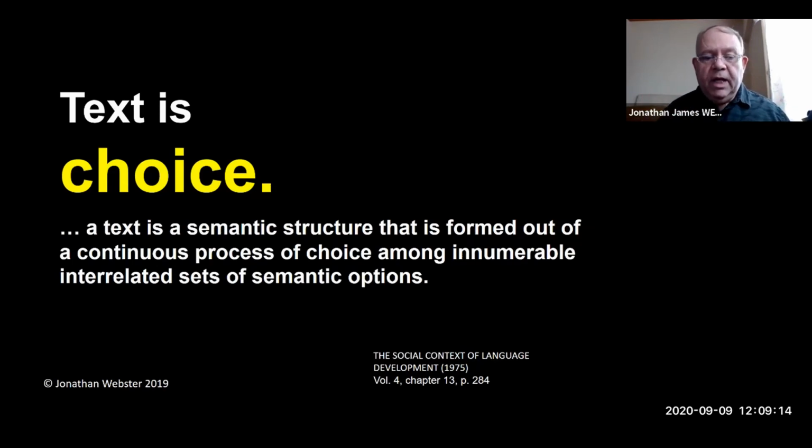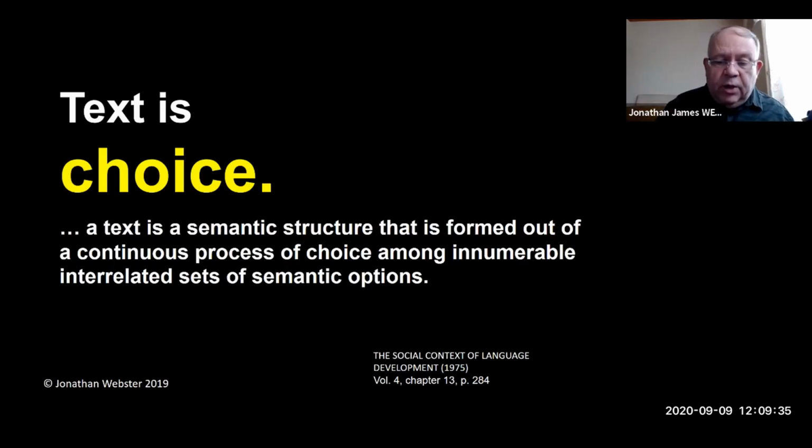meaningful. It's formed out of a continuous process of choice among innumerable, yes, infinite, we cannot know the range of options that we have to choose from among.